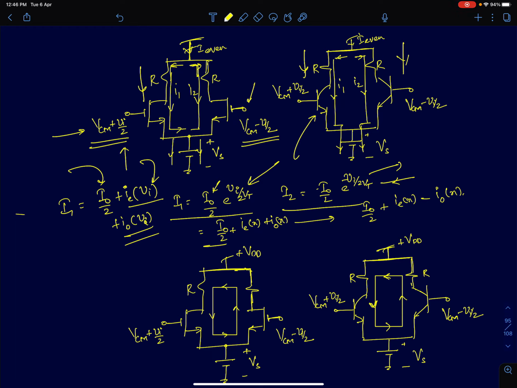As far as the small signal is concerned, assuming Vi is a small signal, the source node voltage, or the tail node voltage as I'm going to call it, for both the MOSFET and BJT based differential pair is at ground. That cannot change in response to the differential voltage Vi.